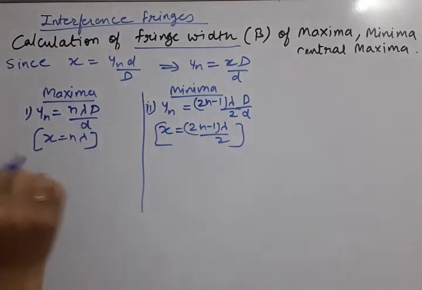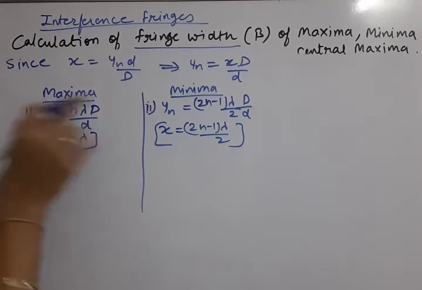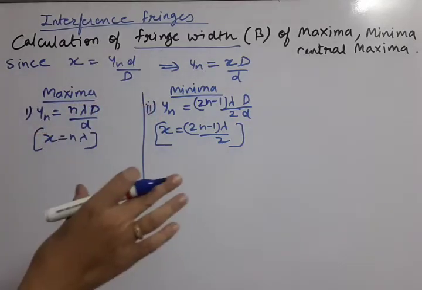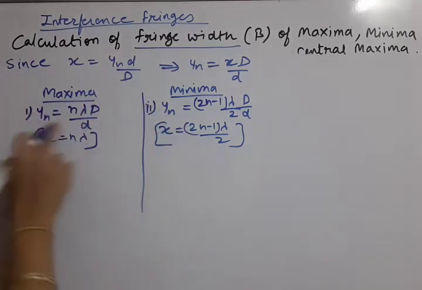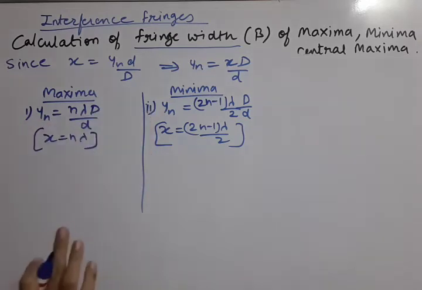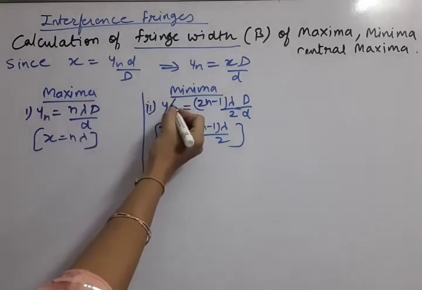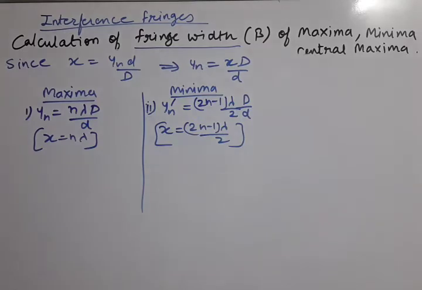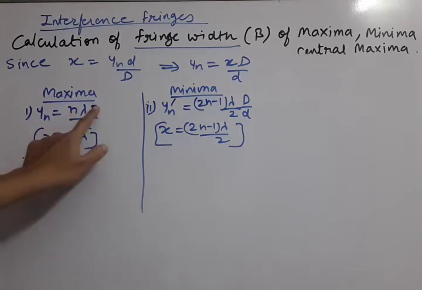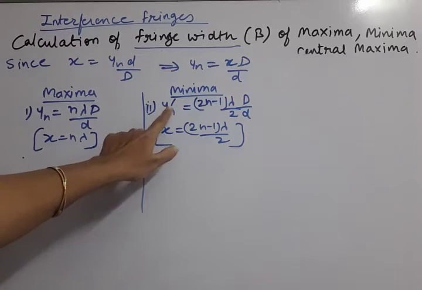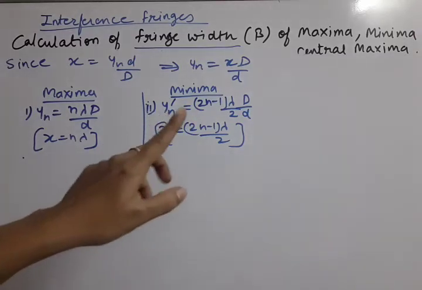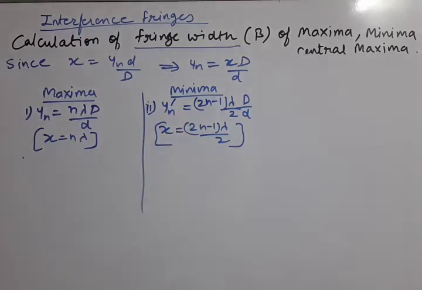Okay, now just to differentiate the two displacements, this is also a yn formula, this is also a yn formula. So just put a dash for the minima case. This way we can make a difference. So the yn formula for maxima is n lambda D by d, and the yn dash formula for minima is (2n minus 1) lambda D by 2d.